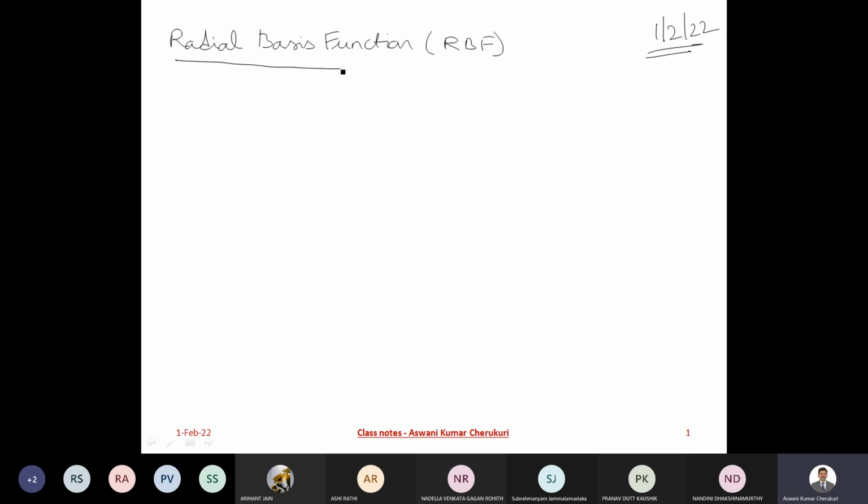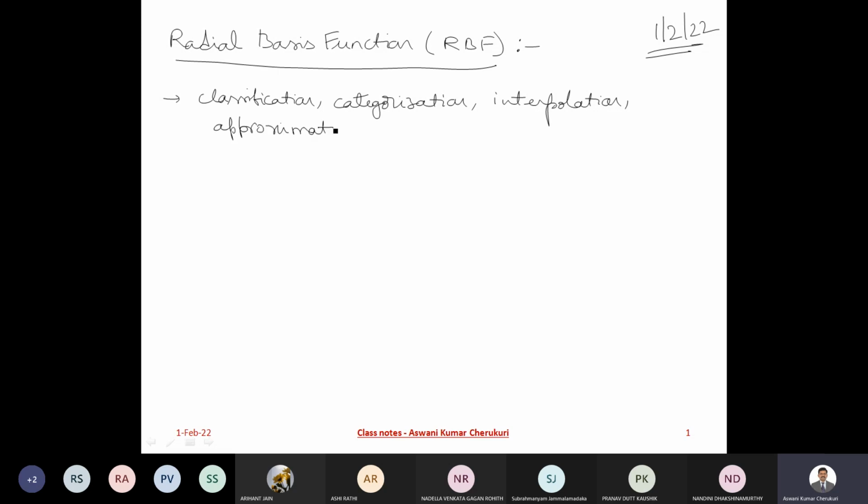Okay, this is another interesting network, which is meant mainly for classification, categorization, interpolation, approximation. So for these varieties of problems, the RBF network is used. Generally, it is used.